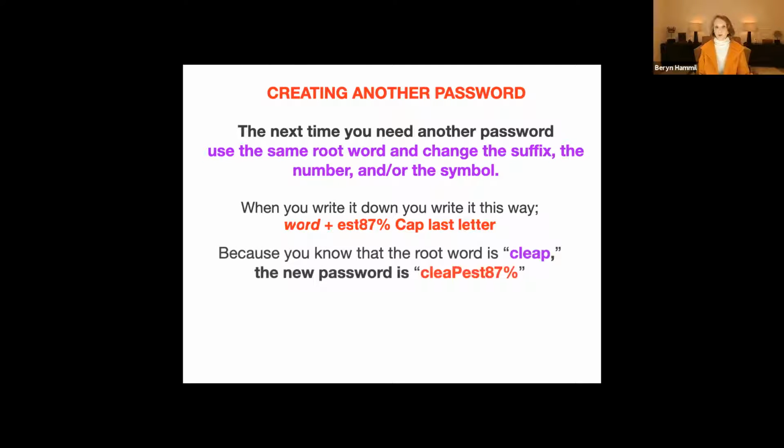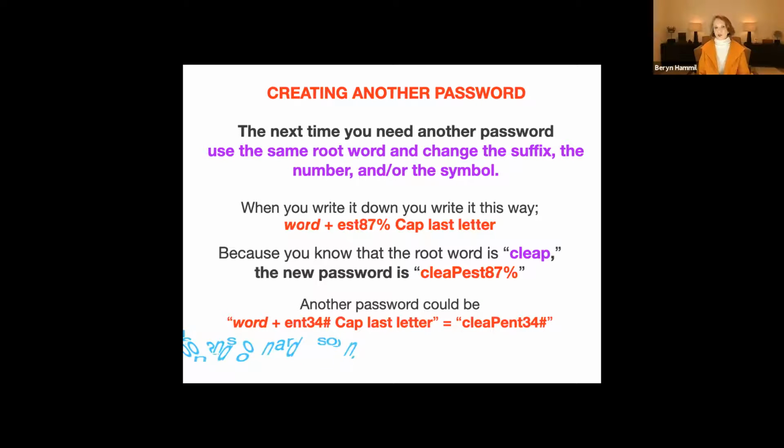And because you know the root word is Cleep, the new password is Cleepest 87%. Another password could be word plus ENT34 hashtag, cap last letter. So it's Cleepent 34 hashtag. And so on, and so on, and so on. Every time you write a new password, you create a new combination after the root word.